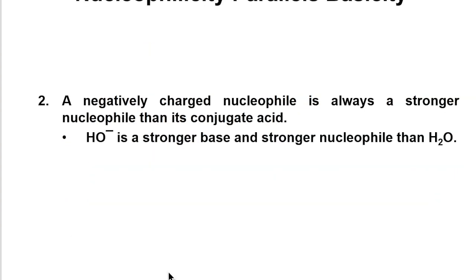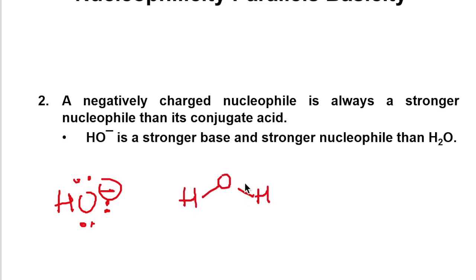So here we have another example. We've talked about it before, but we can have OH minus that has the 3 lone pairs, or we can have a molecule that is not charged.